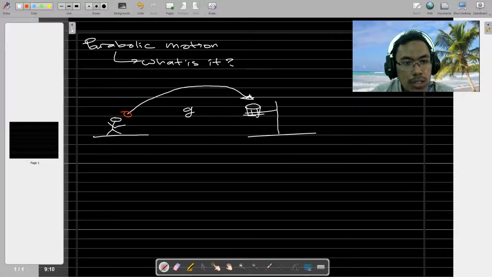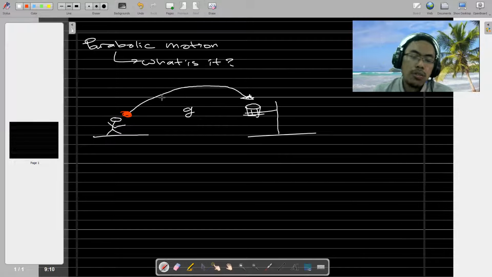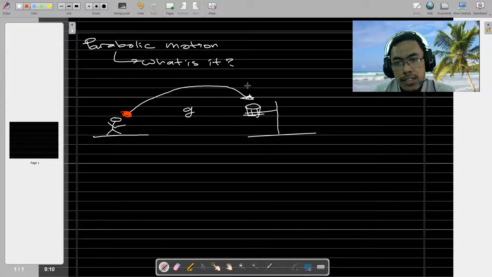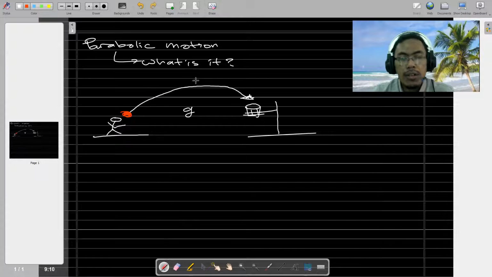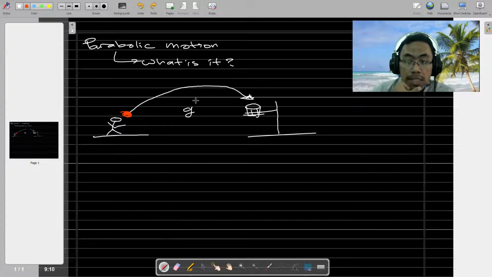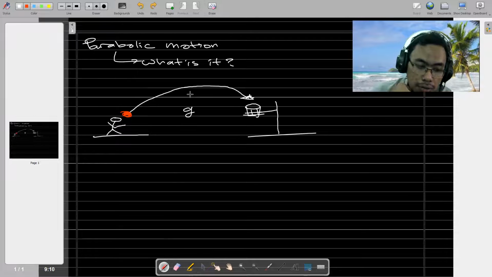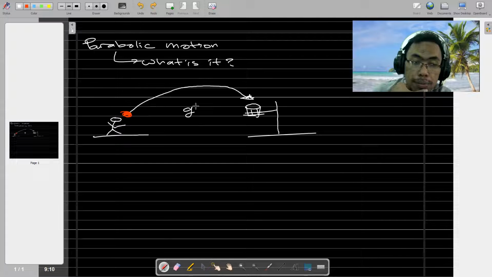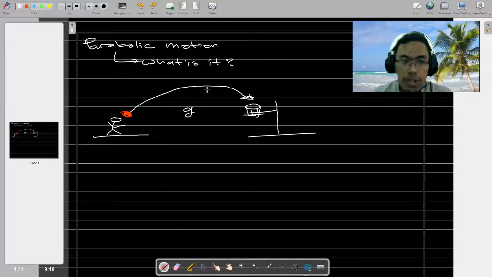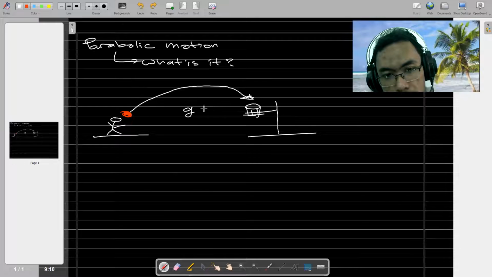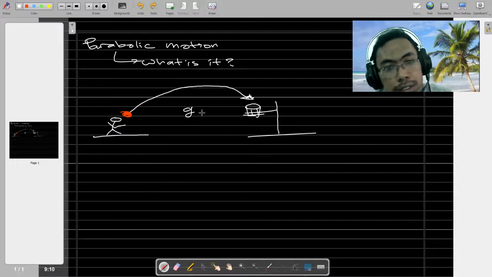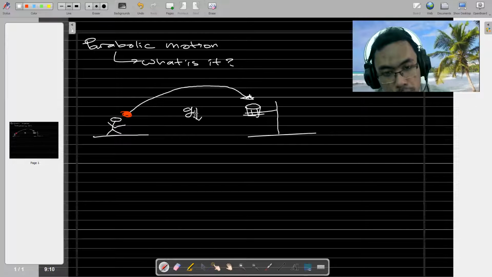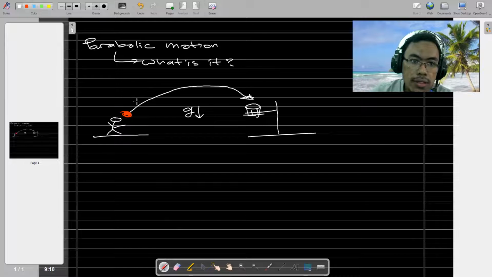The ball will have a path like this because of the interaction between the ball and the gravitational force, which has its direction toward the center of the Earth, let's say moving downward. So the ball will be like this.